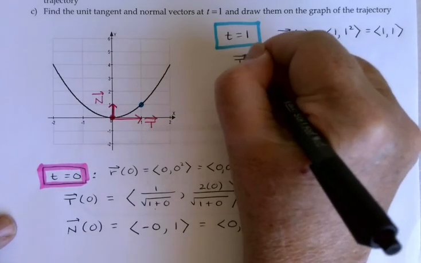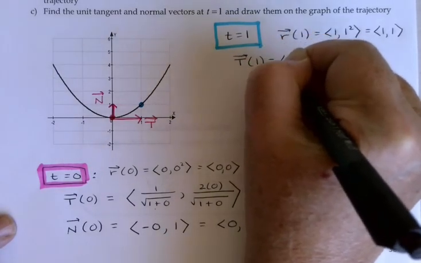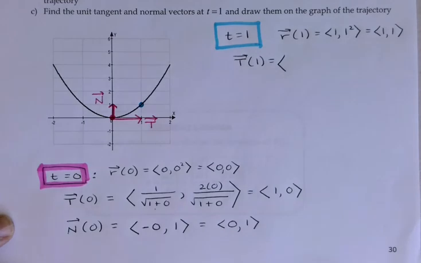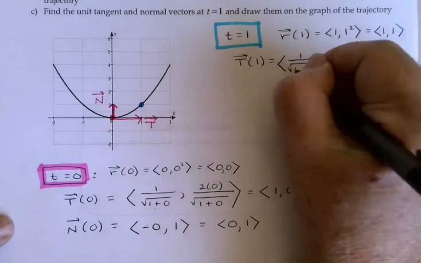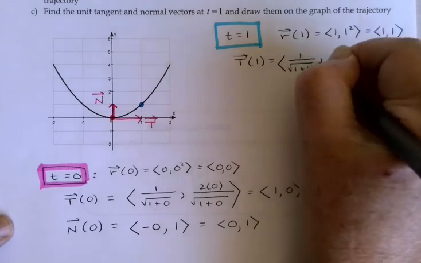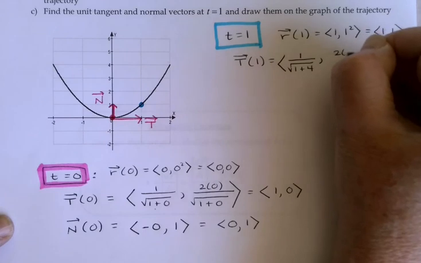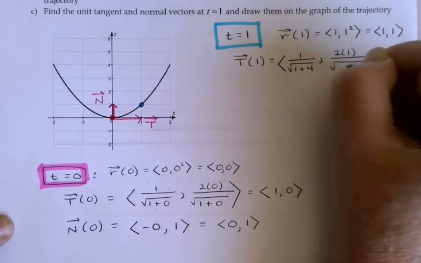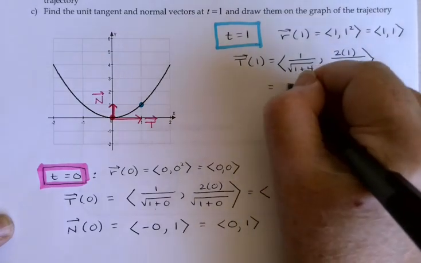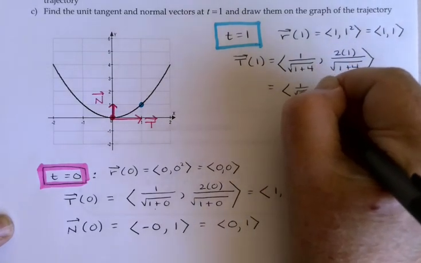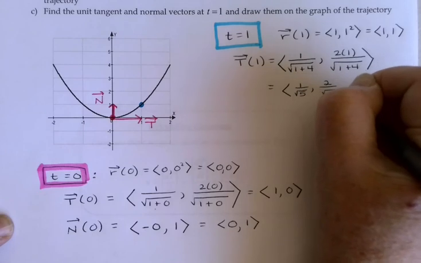The unit tangent vector, t of 1, just plugging into my t formula that I have at the top of the page, would be 1 over the square root of 1 plus 4, and 2 times 1 over the square root of 1 plus 4. So I've got 1 over the square root of 5 and 2 over the square root of 5.